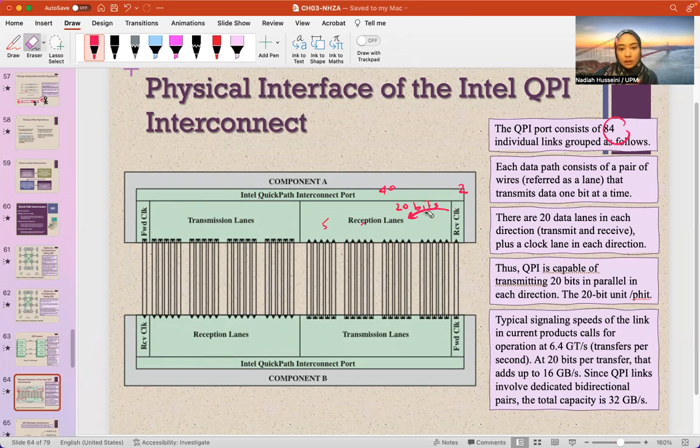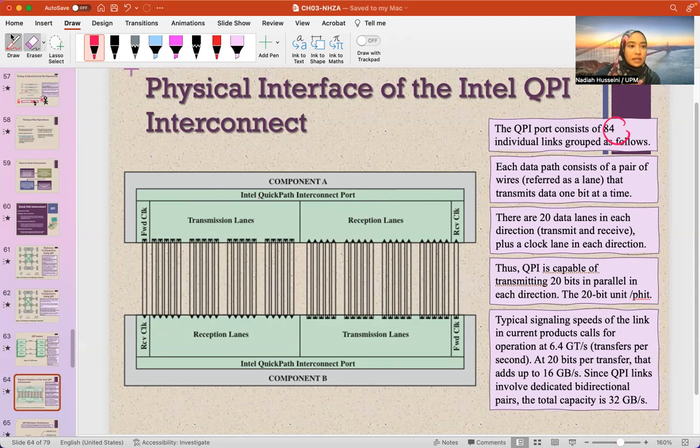Okay, so here they are telling us: typical signaling speed of the link in current product, not current, past products, calls for operation of 6.4 gigatransfers per second. At 20 bits per transfer, that adds up to 16 gigabytes.